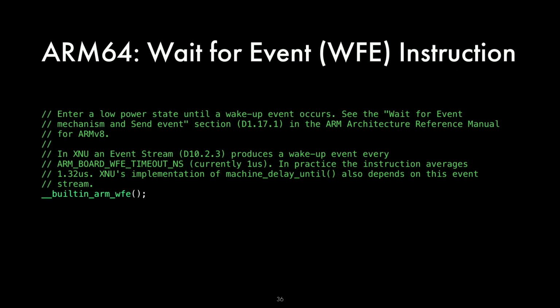And it causes the processor to enter into a low energy state and stays there for about a microsecond. I found that this is actually much better than just a yield instruction on ARM or a no-op instruction or any other type of thing that I've tried. And you can read more about it in the ARM architecture reference manual, which describes exactly how the mechanism works.